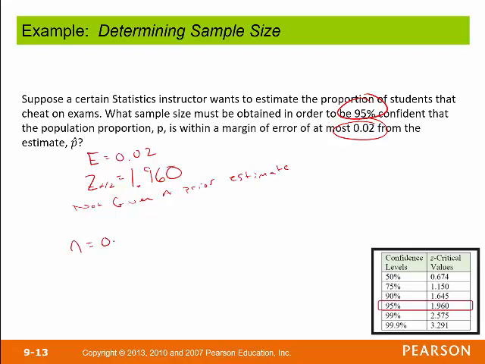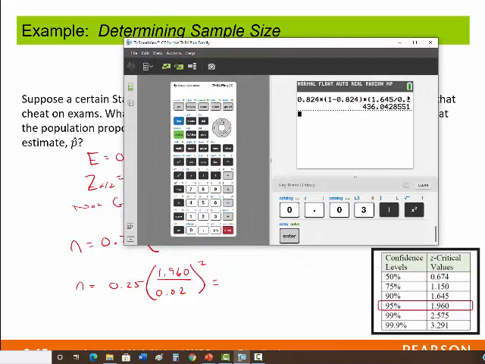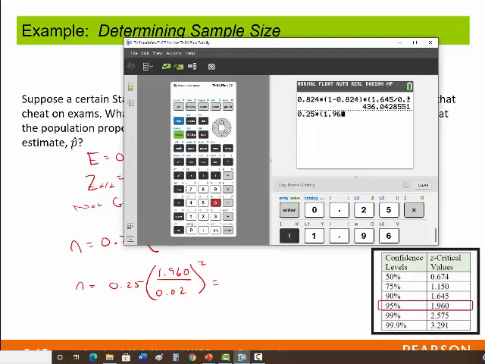So then you're just going to use the formula 0.25 times z of alpha divided by 2, over E, squared. So n is equal to 0.25, times my critical value, which is 1.960, divided by 0.02, and I need to square it. Let's grab our calculator. It's 0.25 times, in parentheses, 1.960 divided by 0.02.